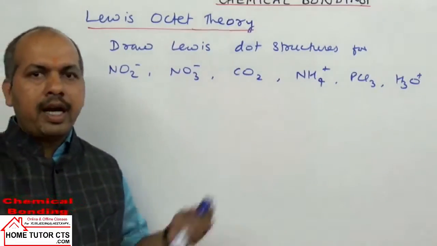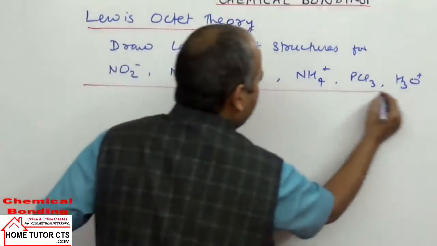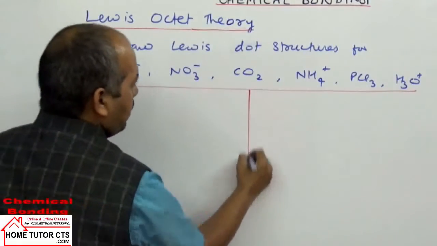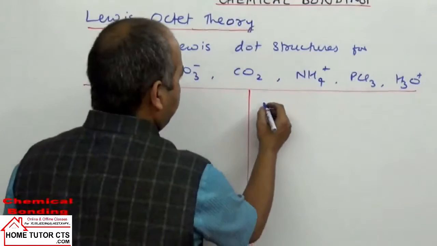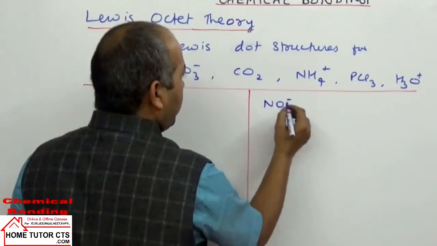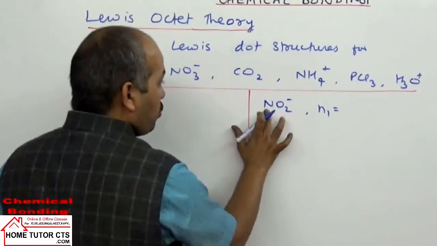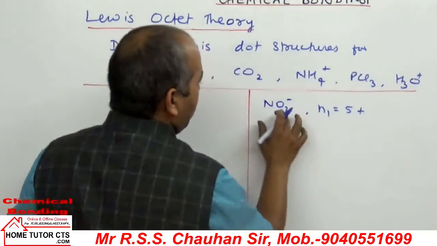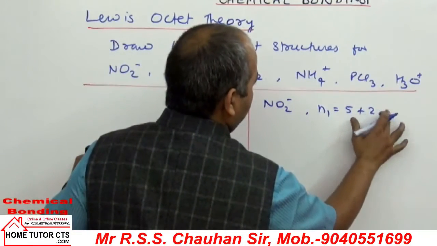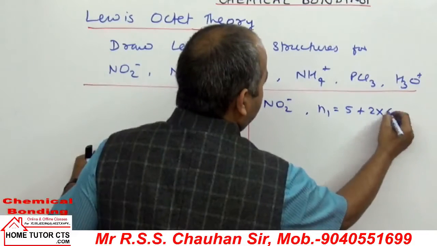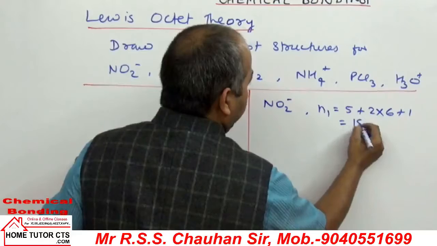Now coming to the solution part, let us take the first one, NO2 minus. In NO2 minus, what is the N1 value? Nitrogen has 5 valence electrons, plus 2 oxygen atoms, 2 into 6, plus 1. That becomes 18.